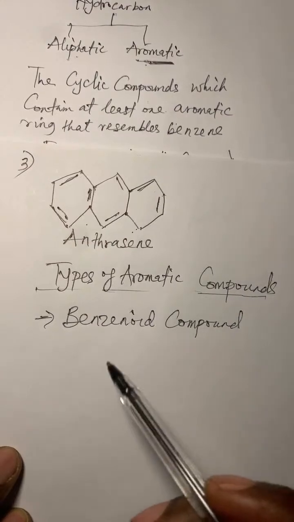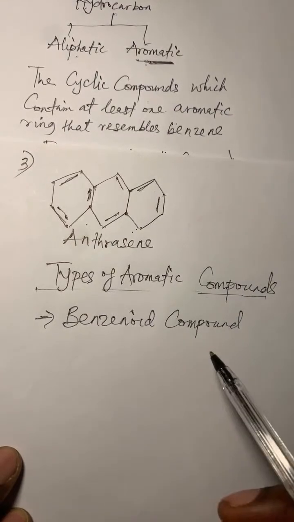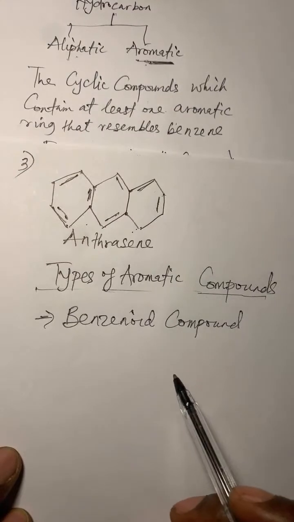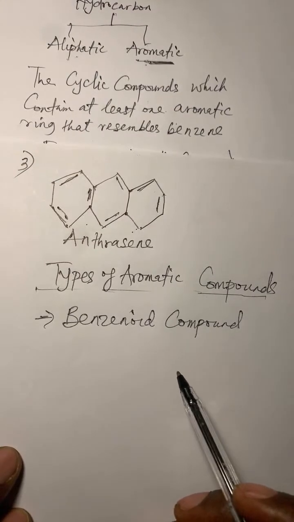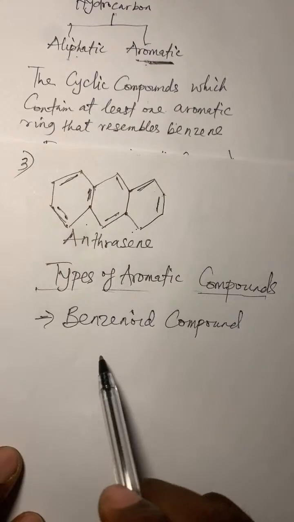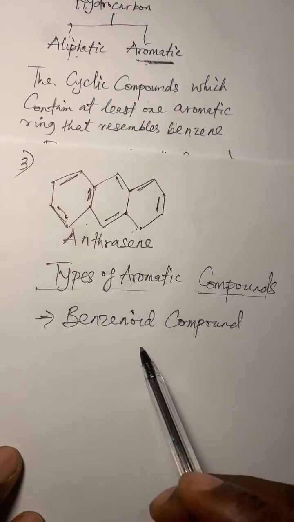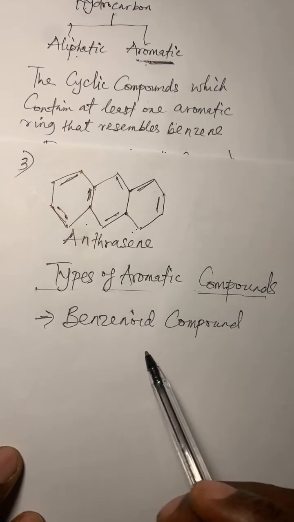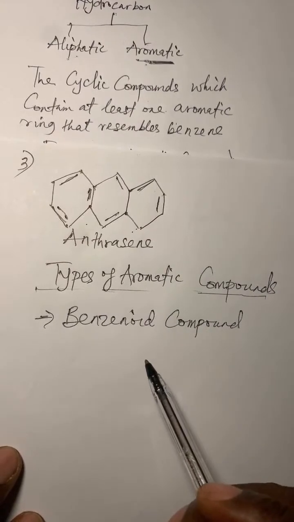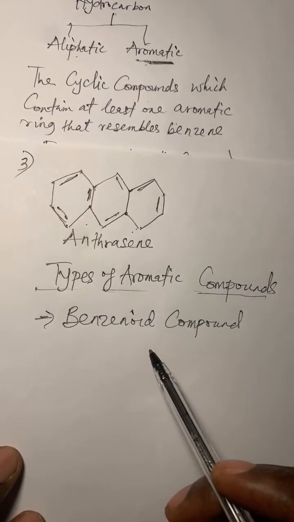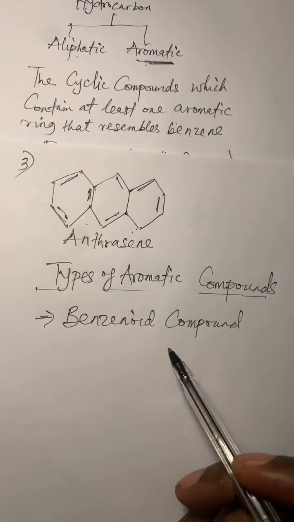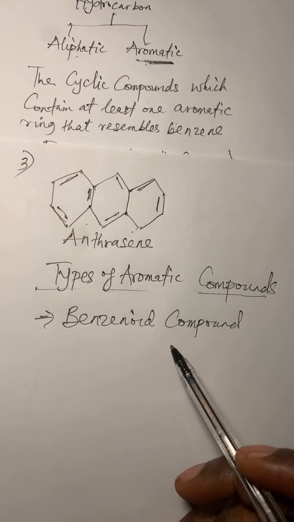We have the likes of chlorobenzene. Do you know how chlorobenzene will look like? Remember, I said that benzenoid compound is a type of aromatic compound that has a benzene ring in it. Have you taken that down? Please, I'm teaching you guys so that you have these things in your book, and after the class, you study them.